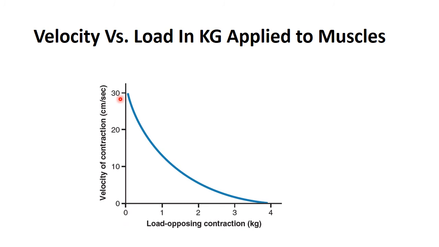Here the velocity is maximal, but the load is 0. At this point, load is maximal and velocity is 0. So it is inversely related to the load. At initial length, velocity is maximum. As the load increases, the velocity decreases.